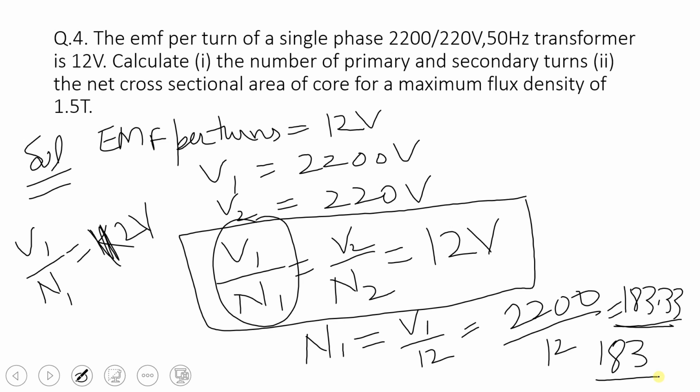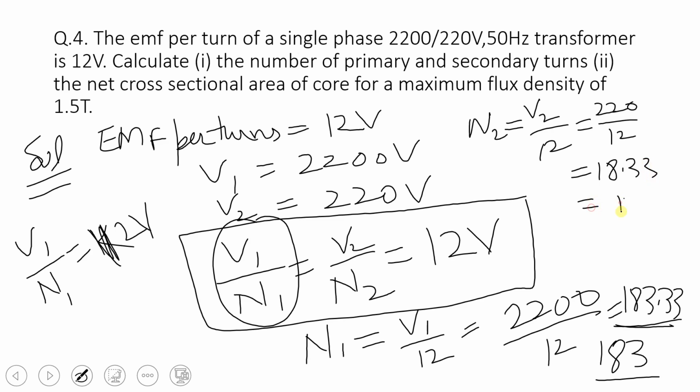Then second is the number of secondary turns, N2. How to calculate N2? N2 is equal to V2 upon 12. V2 we know is 220, so 220 upon 12 is equal to 18.33, or 18.